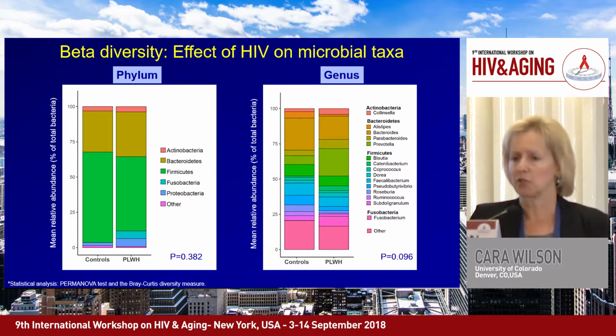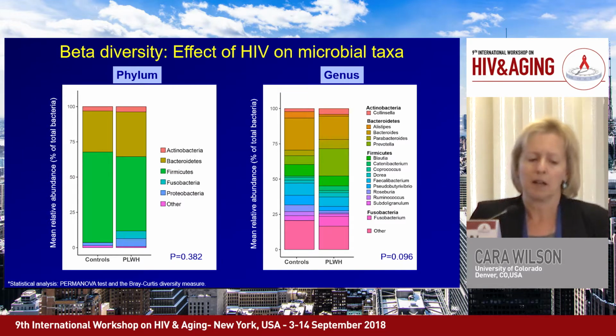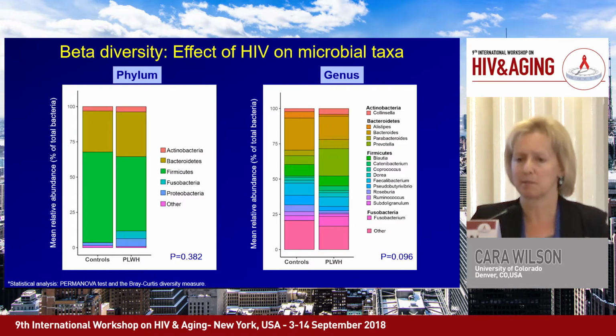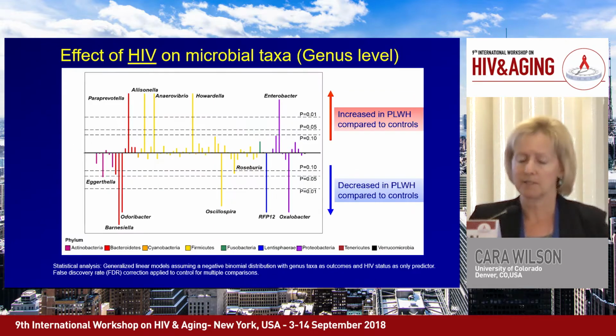So if you just look at a straight analysis of infected versus uninfected, you start to see differences. And as you go down the taxonomic rank from phylum to family to genus, you start to see more differences. As a whole, they weren't statistically significant. And our statisticians really felt that with the sample size this small, it was difficult to really get at the importance of the HIV effect using this type of analysis.